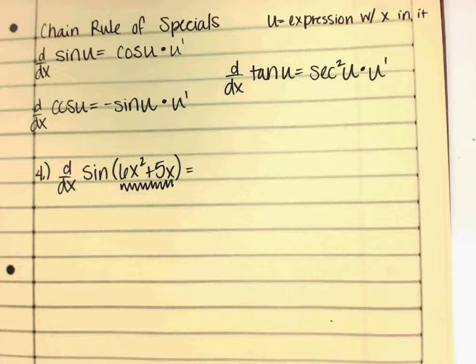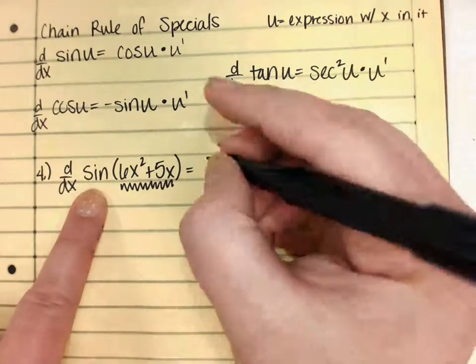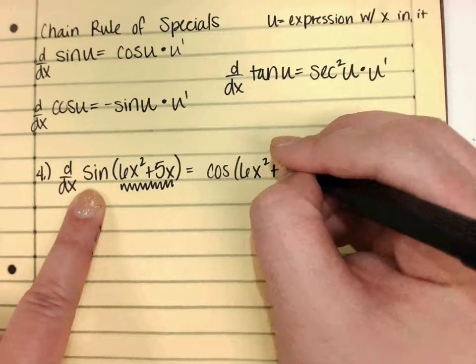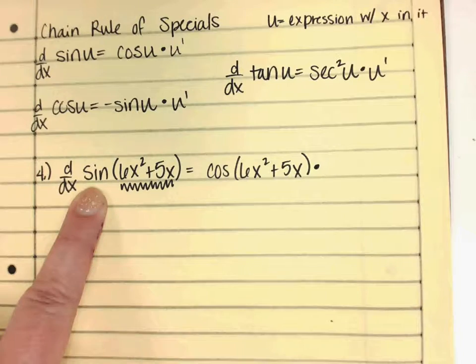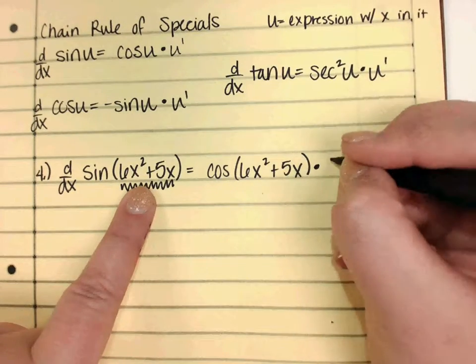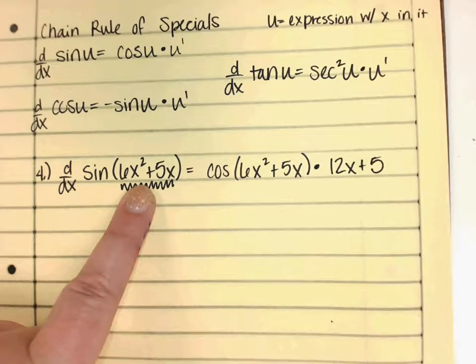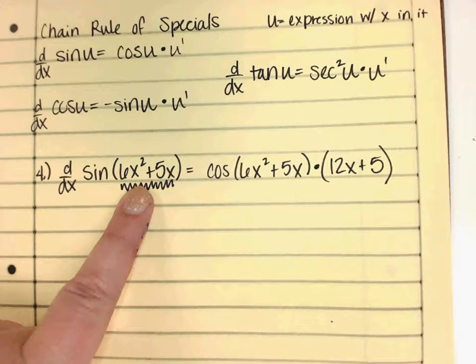Now remember, when I do the derivative, I don't change that at first. If it's a sine on the outside, what do we say the derivative of sine is? So it'll be cosine of the core, 6x squared plus 5x. But then I need to multiply by the derivative of the core. What would the derivative of the middle be? 12x plus 5. Now, I have a PEMDAS problem. How do I fix it? Parentheses. Okay, that would be your answer.